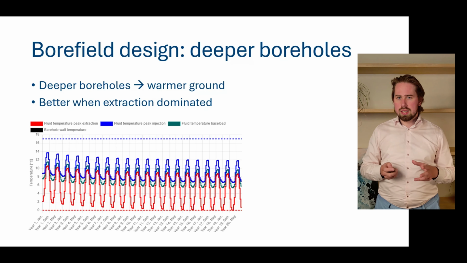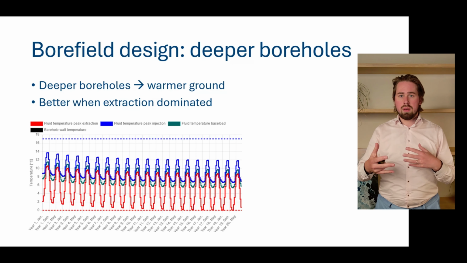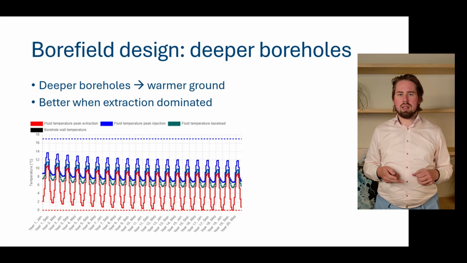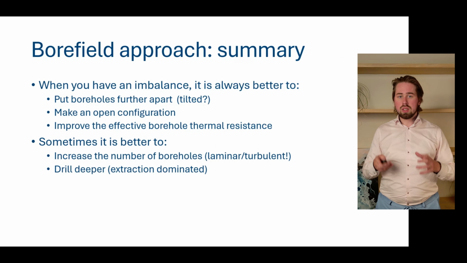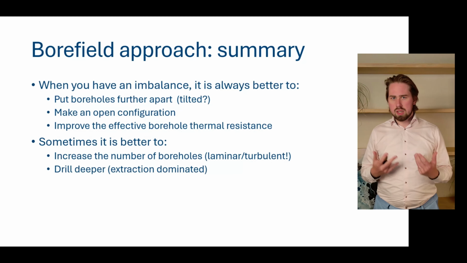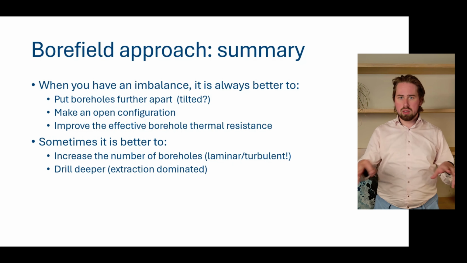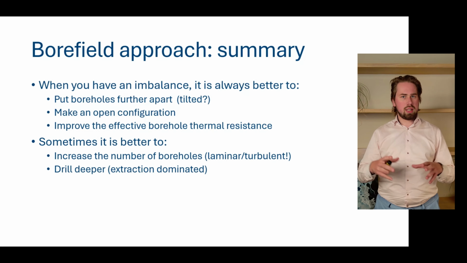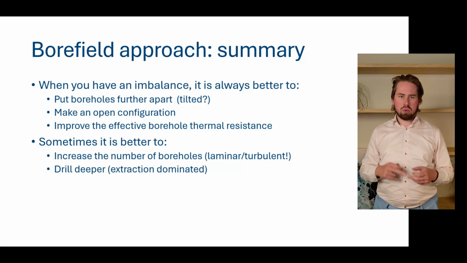And now to summarize this chapter and basically this whole part about the insights we can get when doing some sensitivity analysis and learn about how we can deal with certain problems: if you have a certain imbalance, what we know is always better is that we put the boreholes further away, and we can also tilt them to increase, artificially, let's say, the surface area between the boreholes.